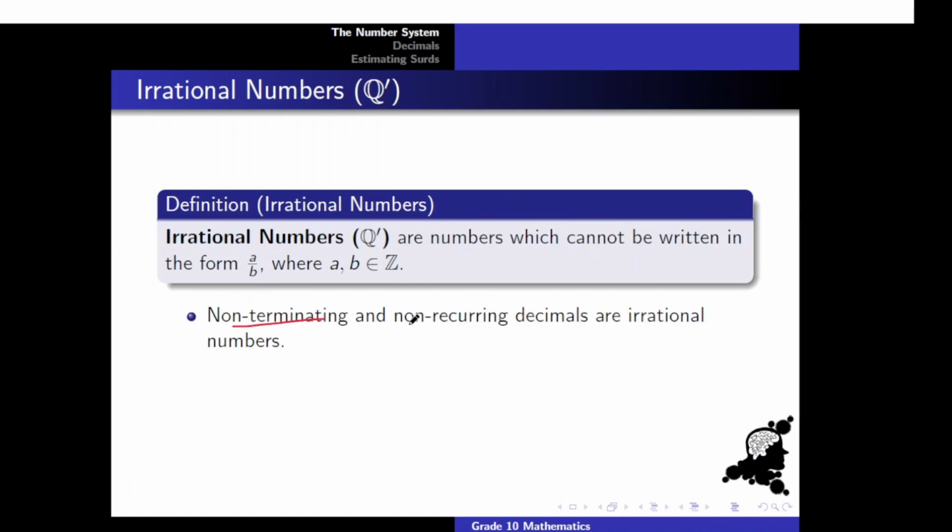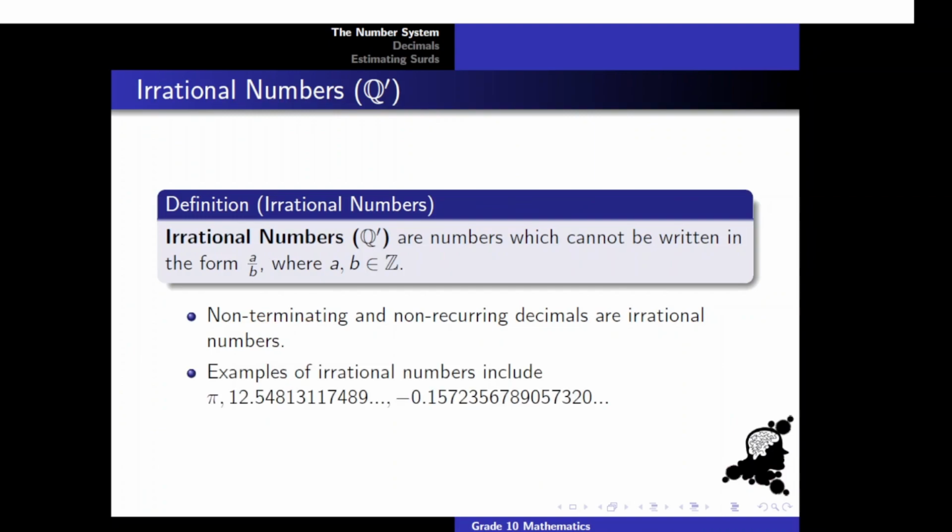Non-terminating and non-recurring decimals are irrational numbers. So now we are saying that the decimals do not end. There's also no repetition of numbers after the decimal point. Therefore, we can say these are irrational. Here we have examples. The number pi, we know pi is 3,141, etc. If you look at this number here, 12,548, you will notice that the digits are not repeating after the comma.